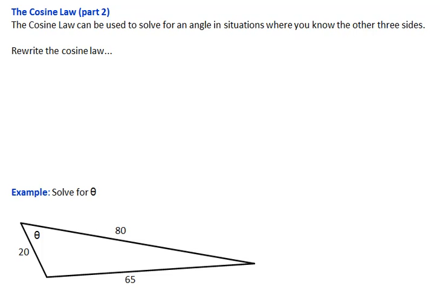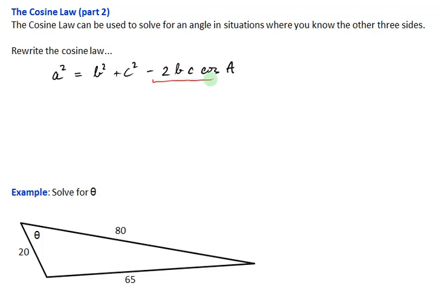Here's how it works. What you want to do is start by writing the cosine law down. Let's write it down with a, b, and c. A squared equals b squared plus c squared minus 2bc cosine angle A. I'd like to do two steps here.